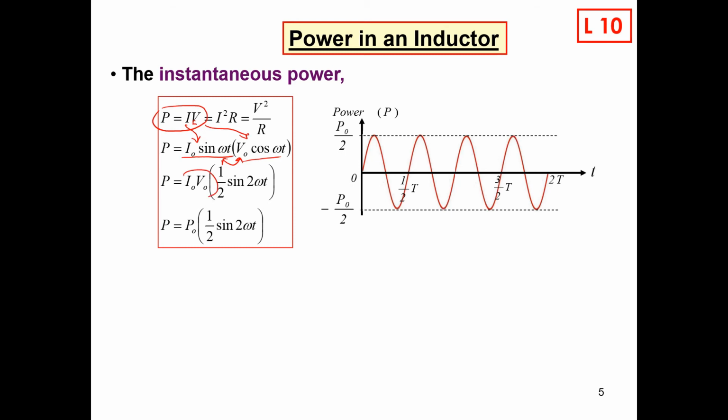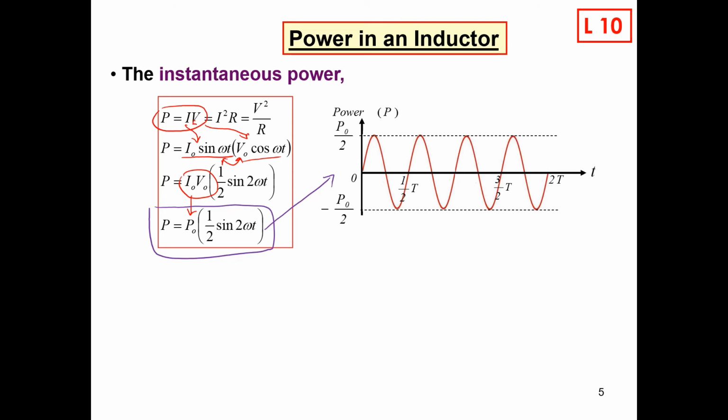Since I naught times V naught is P naught, the maximum power, the instantaneous power in an inductor is P naught times one over two sine 2 omega t. The graph for the power against time is given like this.